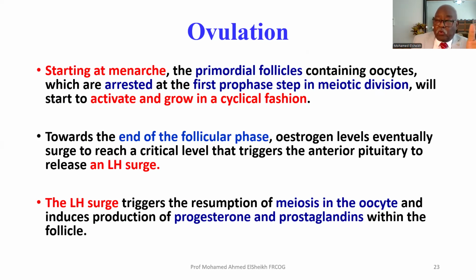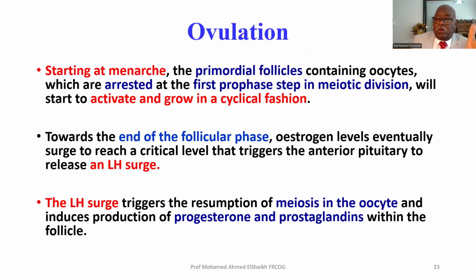So at the end of the follicular phase, estrogen levels eventually surge to reach a critical level that triggers the anterior pituitary to release the LH surge. So the follicular phase, controlled by FSH, produces estrogen from the dominant follicle.